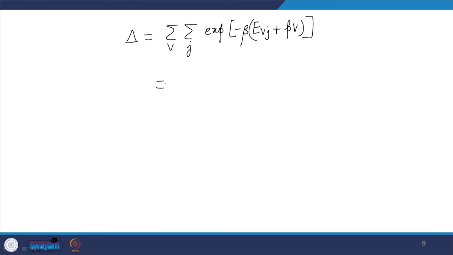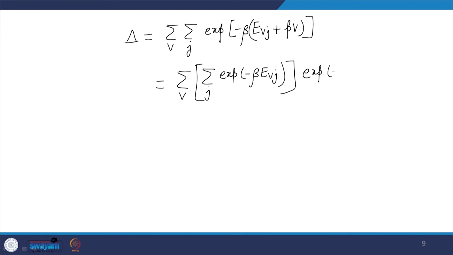You will have summation of v, summation of j exponential of minus beta e v j multiplied with exponential of minus beta p v, and this naturally is the canonical ensemble partition function.